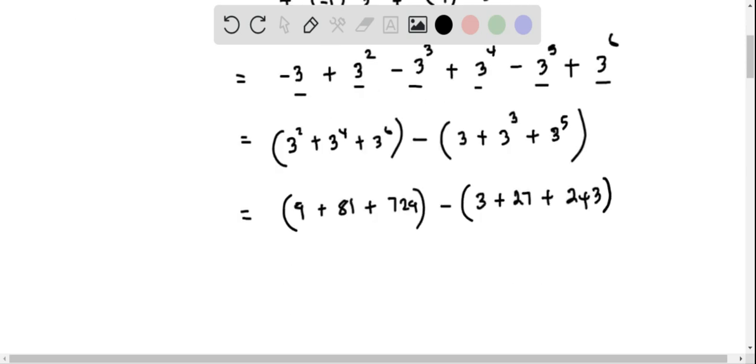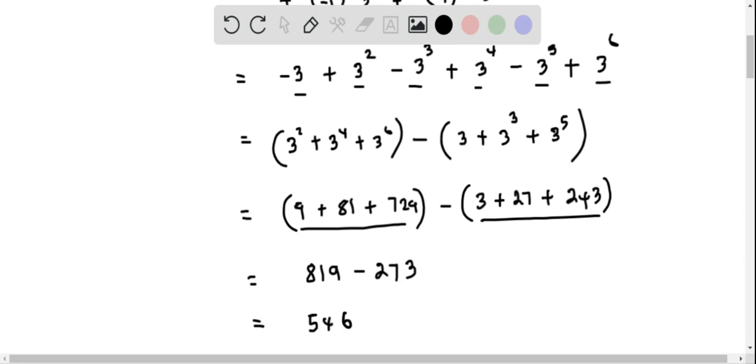And when we add all these numbers, we get 819, minus when we add all these three numbers, we get 273. And so when we do this subtraction of 273 from 819, we get 546. And therefore, the sum of the sequence is 546.